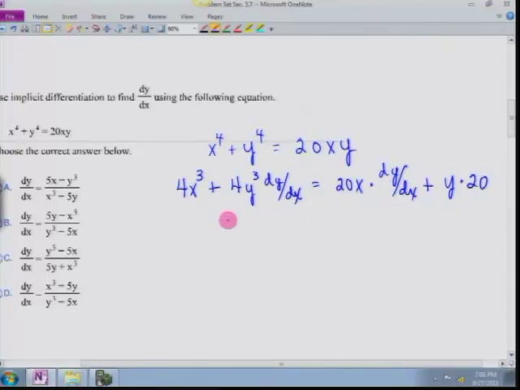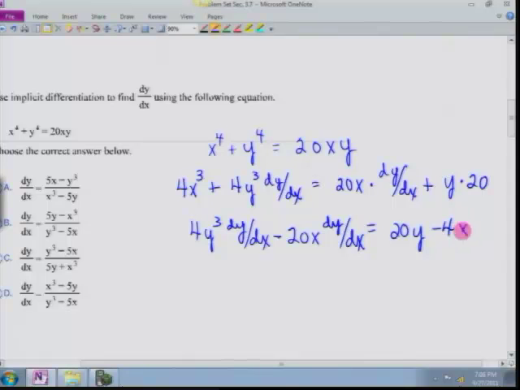Can I get this guy over here and that guy over there? So I'm going to have 4y cubed dy/dx minus 20x dy/dx equals 20y minus 4x cubed. Is that good? And then factor out dy/dx.